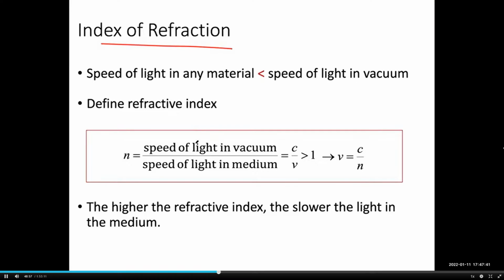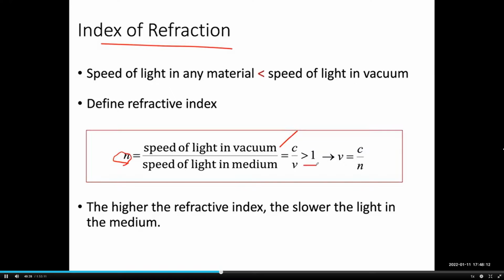Then the ratio of the speed of light in the vacuum to the speed of light in the medium is the refractive index, or the index of refraction. As you know, the speed of light in the vacuum is always faster than the speed of light in the medium. Therefore, your refractive index is always going to be larger than 1.